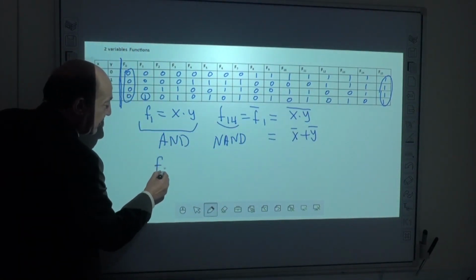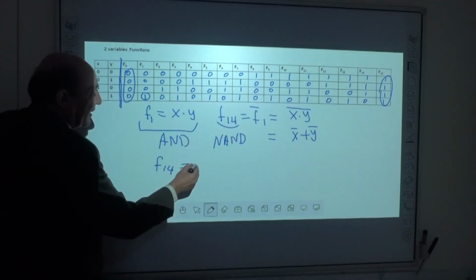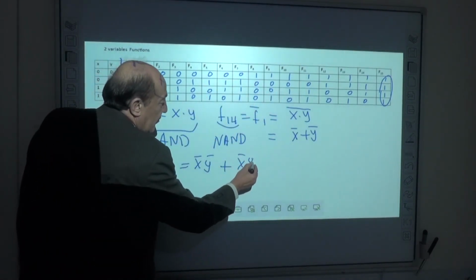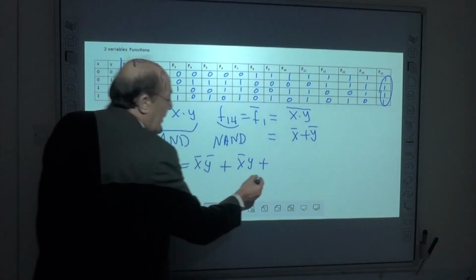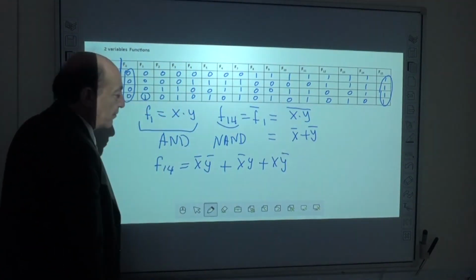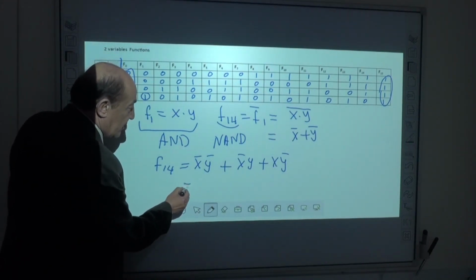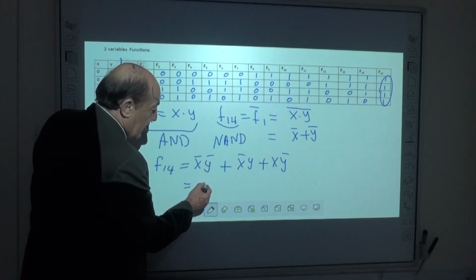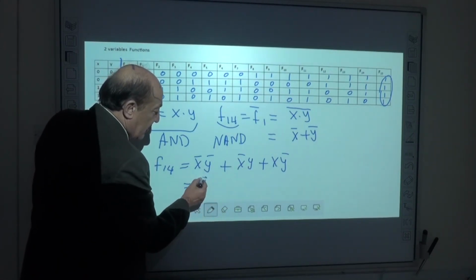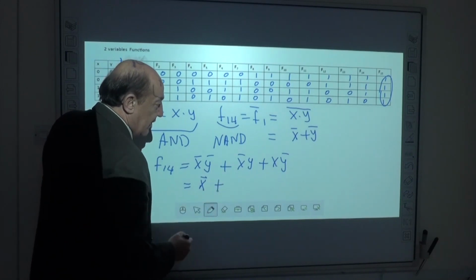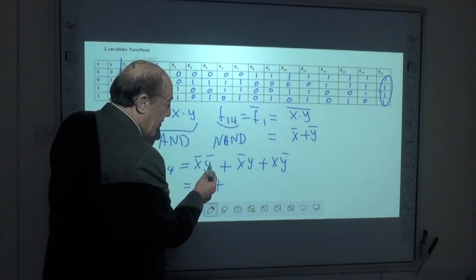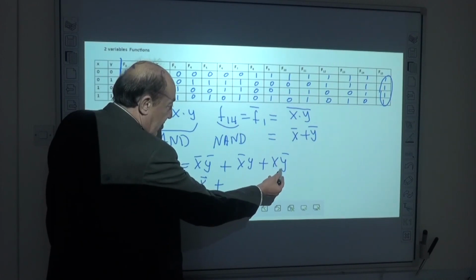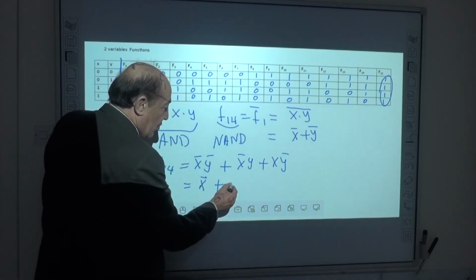f14 you can write equals to 1 when not x not y, or 1 when not x y, or 1 when x not y. Here not x not y or not x y is equal to not x, and again not x not y and x not y together differ only on x, so we can write not y.